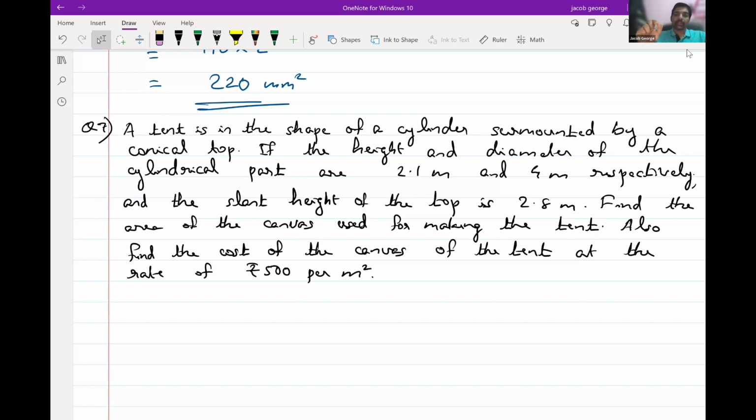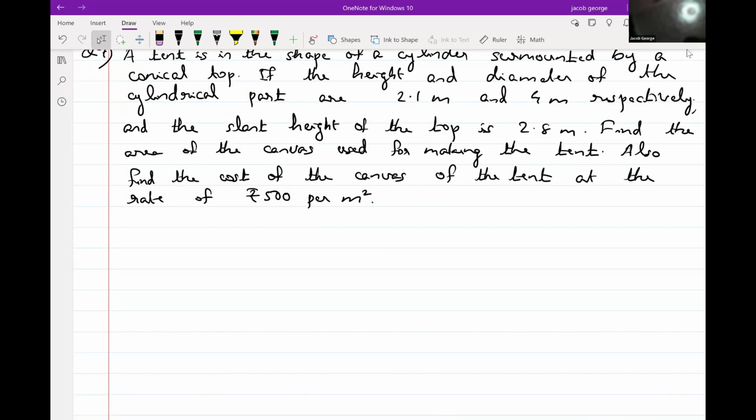Tent is in the shape of a cylinder surmounted by a conical top. So two shapes are there. Bottom part is a cylinder, and the top is, what is the top, children? Solid in the top, conical top. So cylinder and cone are attached. So you will draw the diagram like this.